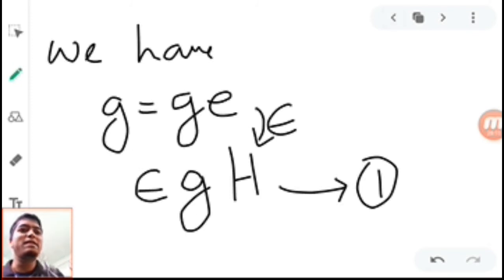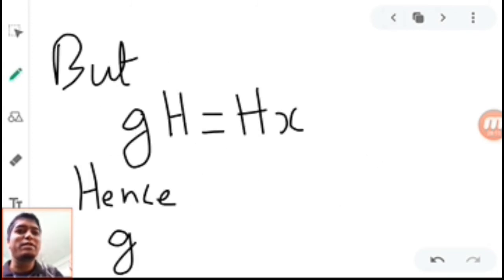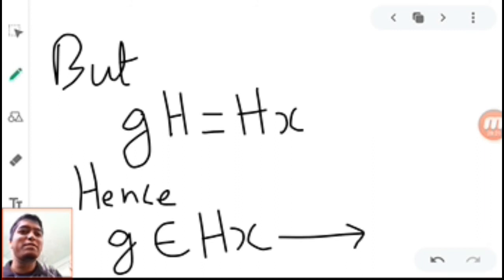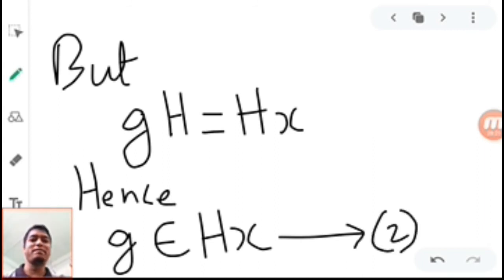Hence g, since it belongs to gH, so it also belongs to Hx. Name this one as equation 2.